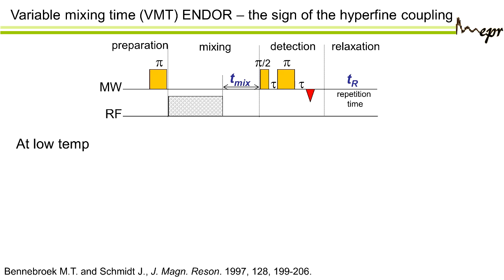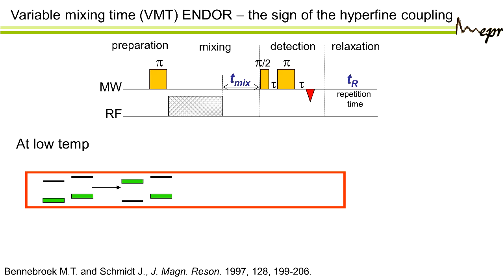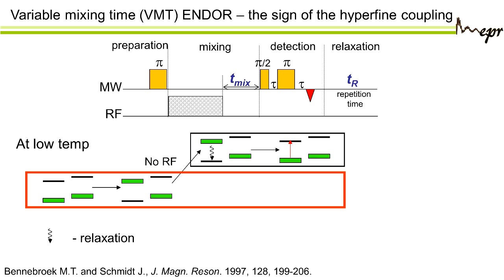We're working at low temperature, so this we've seen many times. This is what happens with the pi pulse. If we don't have any RF and we wait a long time here, the electron will just relax, and we measure a positive echo, right?